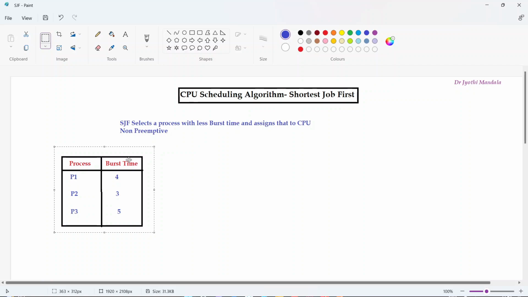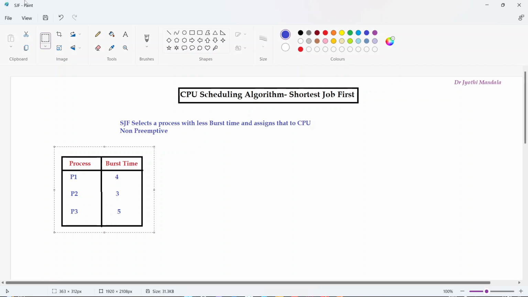So let us solve this problem first. I have one more example with different arrival times, and how shortest job first works when processes arrive at different times, that we will also see. But first we will see this one where the arrival time is the same.